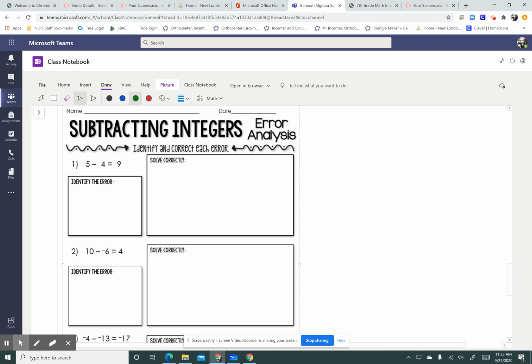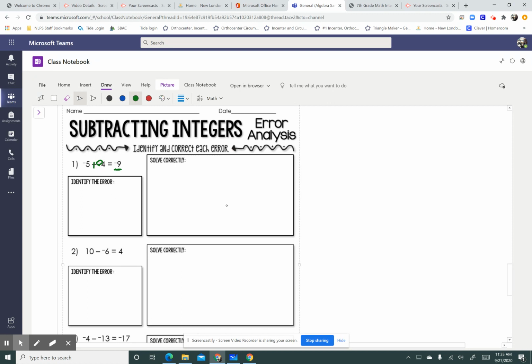Okay, here we are with our error analysis. Let's figure out what was done incorrectly. So we have negative 5 minus negative 4, and this person said that the answer is negative 9. Well, we know that we change the subtraction to addition and we switch the sign.